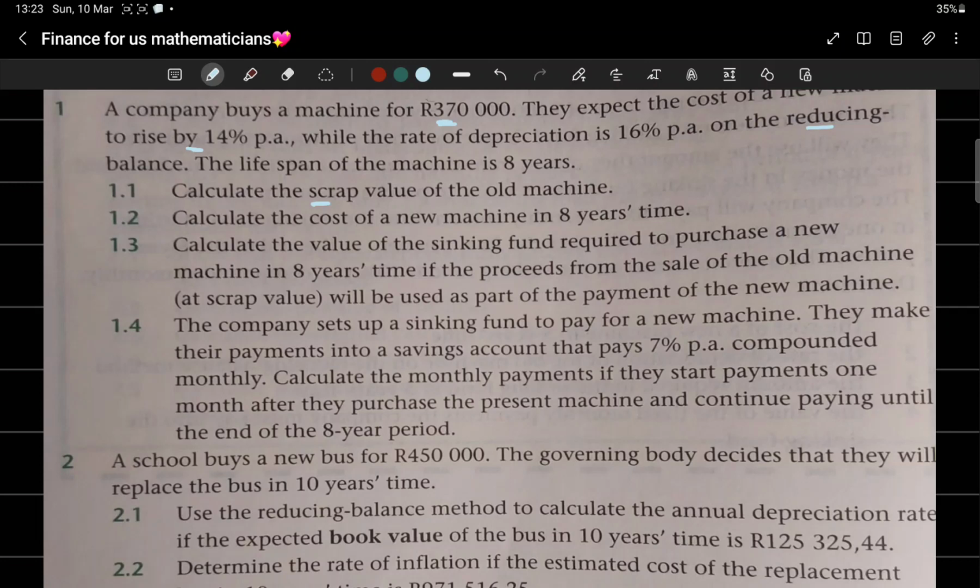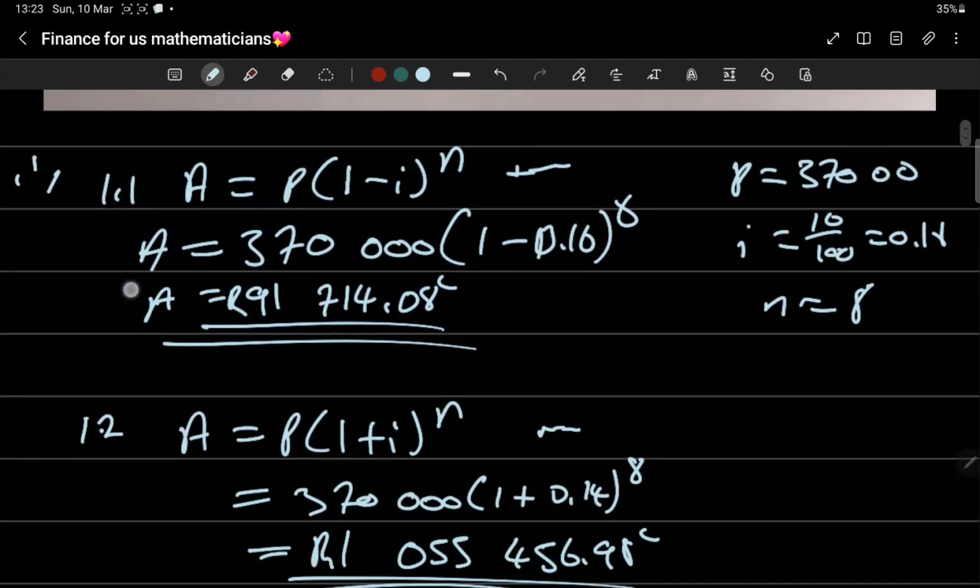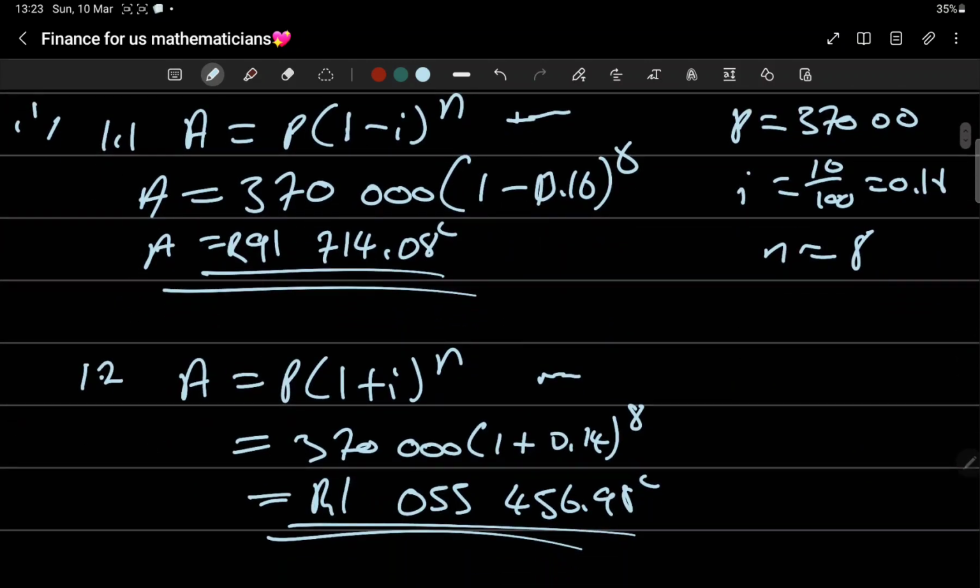So the machine in 8 years' time will cost 1,055,000 and that.